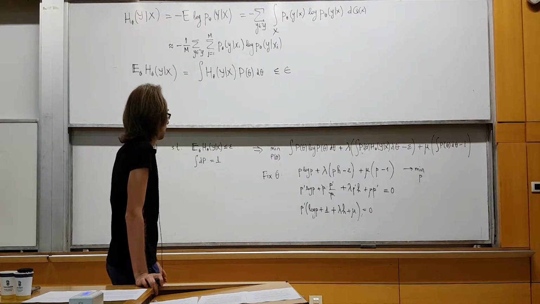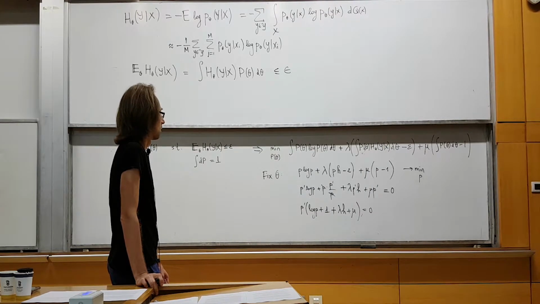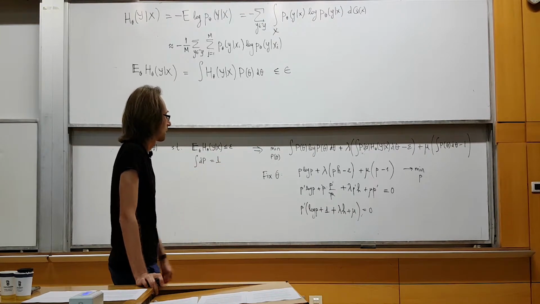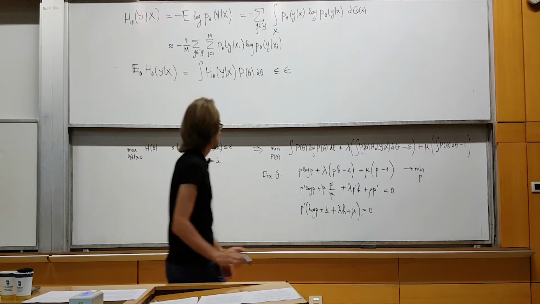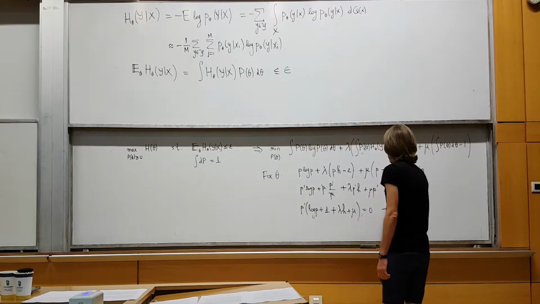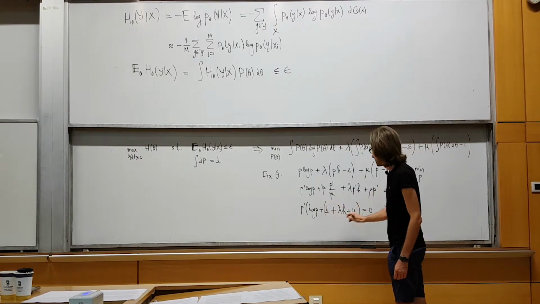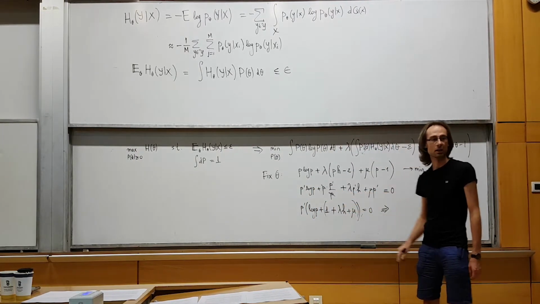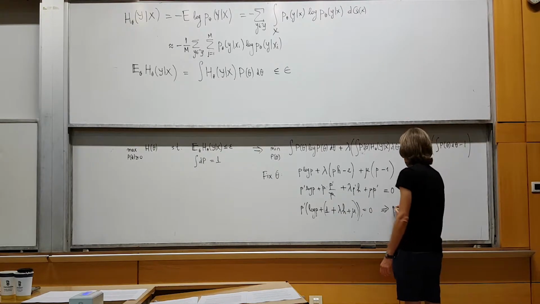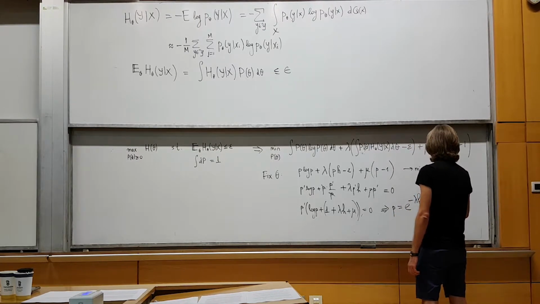So I would like to equate these to 0. So I would like what is written in the parentheses to be 0, from which I get that the log has to be minus what is written here, or p has to be e to the power minus lambda h times e to the power minus mu plus 1.